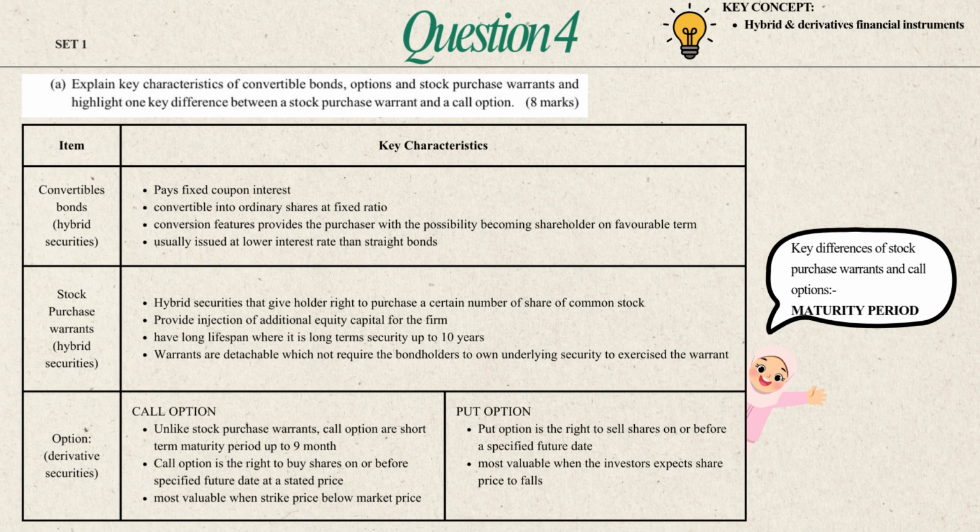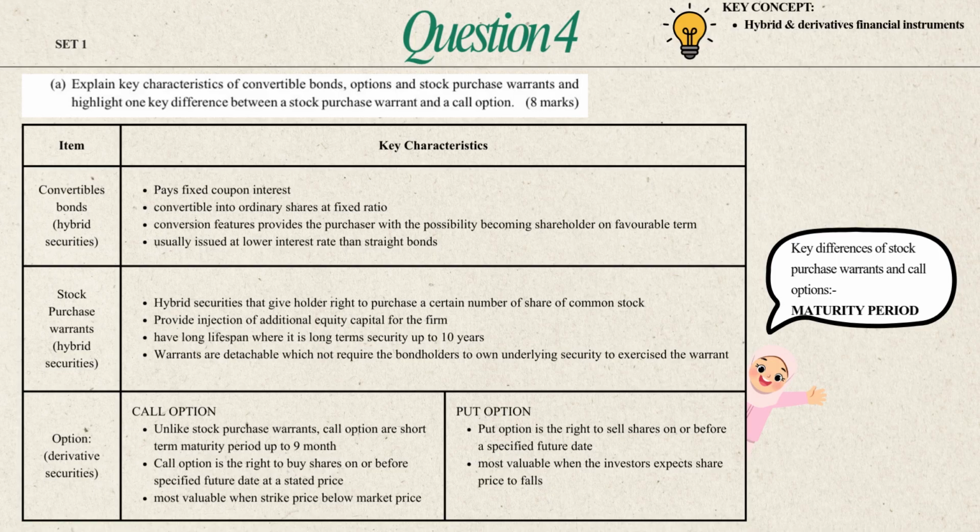The holder also has the right to convert the bond into ordinary shares at a fixed conversion ratio. The conversion feature provides the purchaser with the possibility of becoming a shareholder on favorable terms. Because investors receive this additional benefit, convertible bonds usually carry a lower interest rate than ordinary or straight bonds.